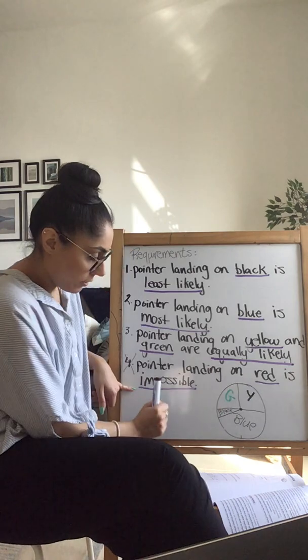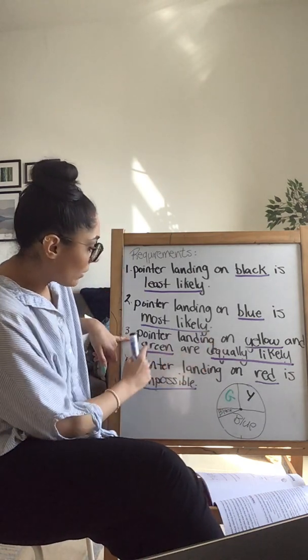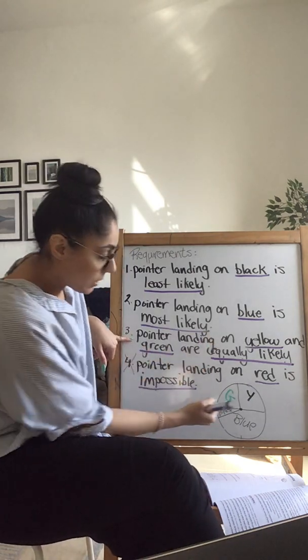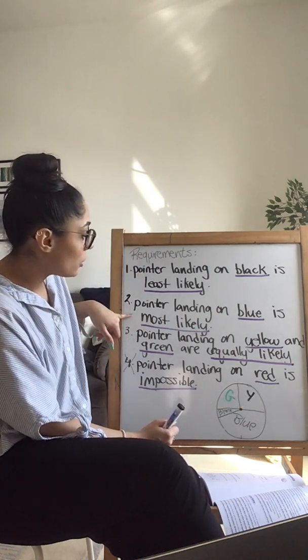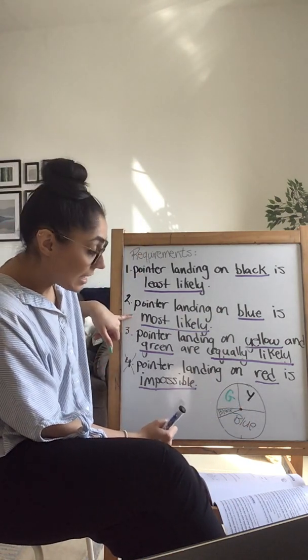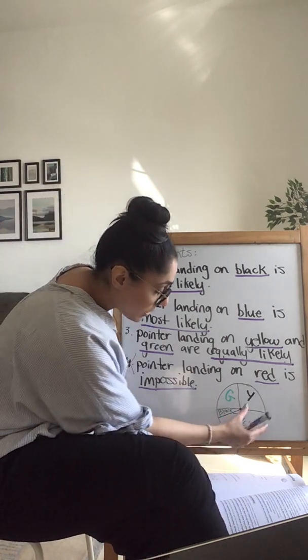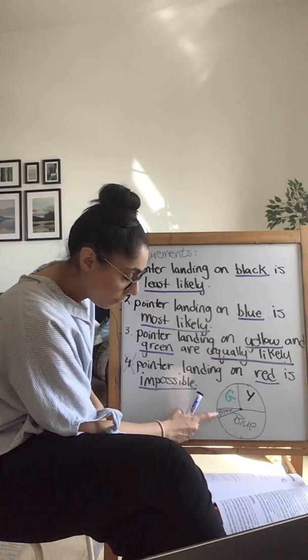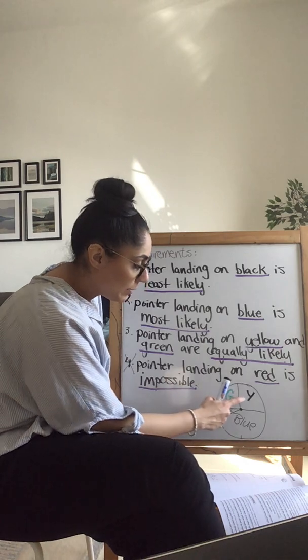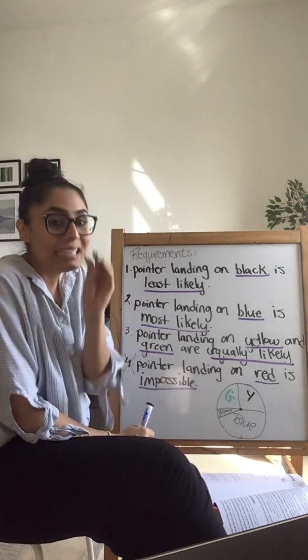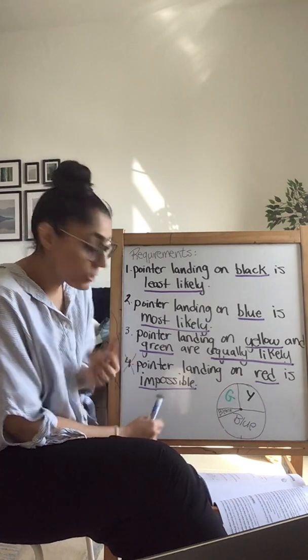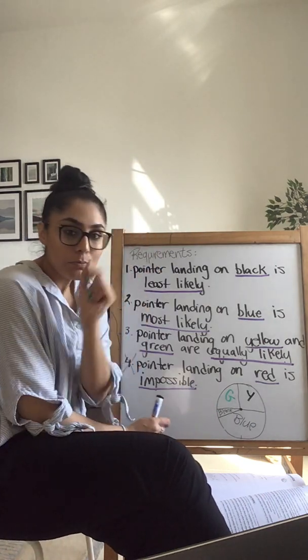Excellent, there's no red here. Landing on yellow and green are equally likely. Yes, because the section for green is the same for yellow. Landing on blue is most likely. Yes, because the blue section is the greatest. It's bigger than black, it's bigger than green, it's bigger than yellow. So that matches. And the last one, landing on black is least likely. That also works because black is the smallest section.